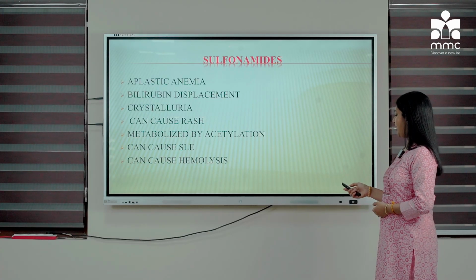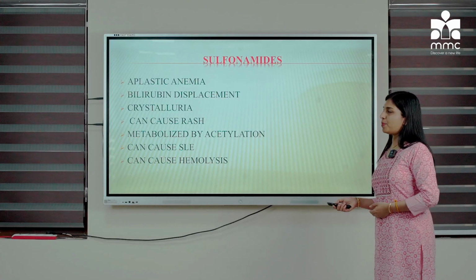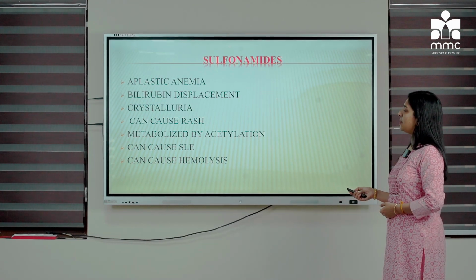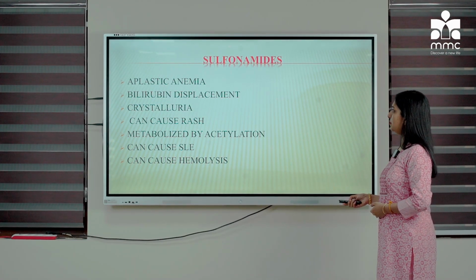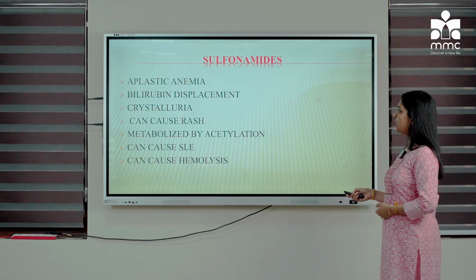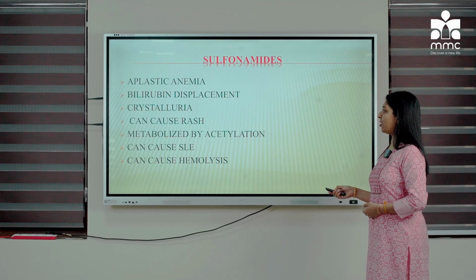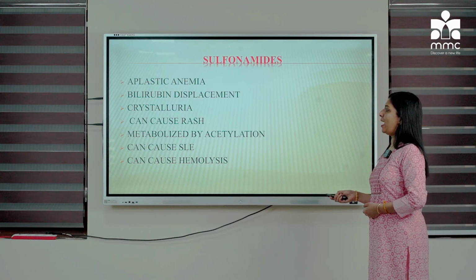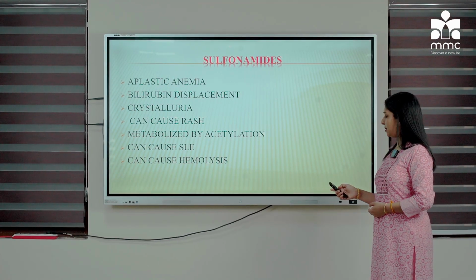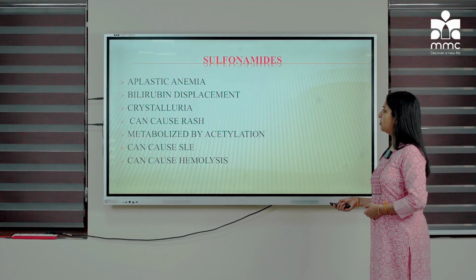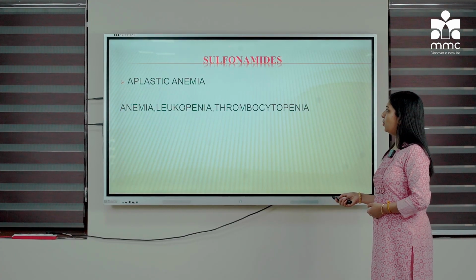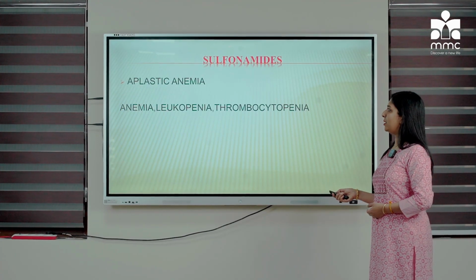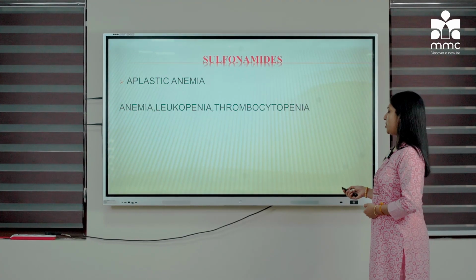These are the adverse effects caused by sulfonamides: aplastic anemia, bilirubin displacement, crystalluria, rash, metabolism by acetylation, SLE and hemolysis. Aplastic anemia includes anemia, leukopenia and thrombocytopenia.